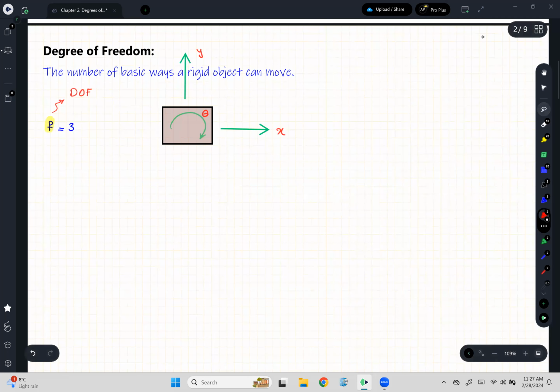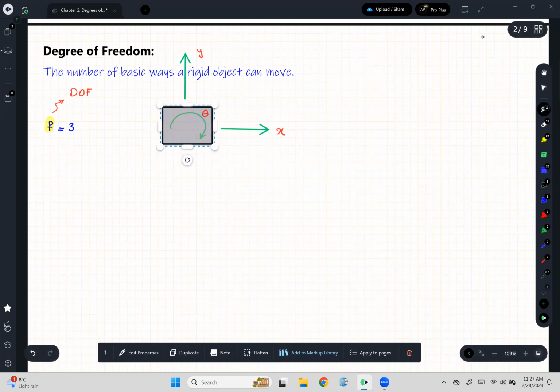Now the same box, let's say I copied it and I put it here.